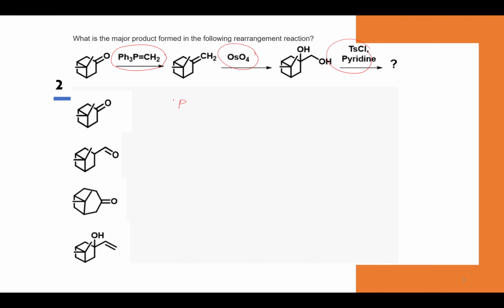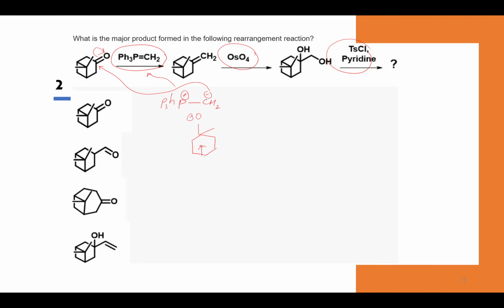In the Wittig reaction, PPh3, we can write it this way also instead of writing it this way, right? So if the negative charge is there, it will attack the carbonyl center. This negative charge will attack this carbonyl center and it will form an intermediate.